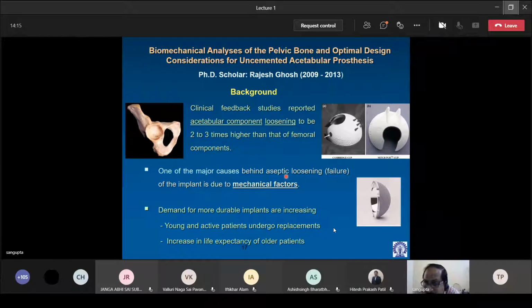There are evolutionary changes in the different kinds of implants that are coming into the market, and the durability of the implant, mainly in terms of life expectancy, matters because, since more younger and active patients undergo replacements, better and better implants are required to serve the purpose.